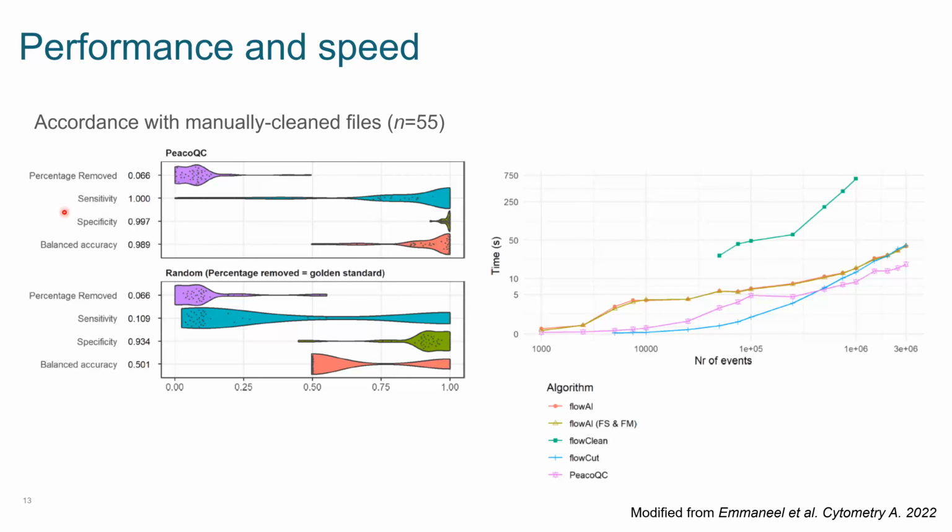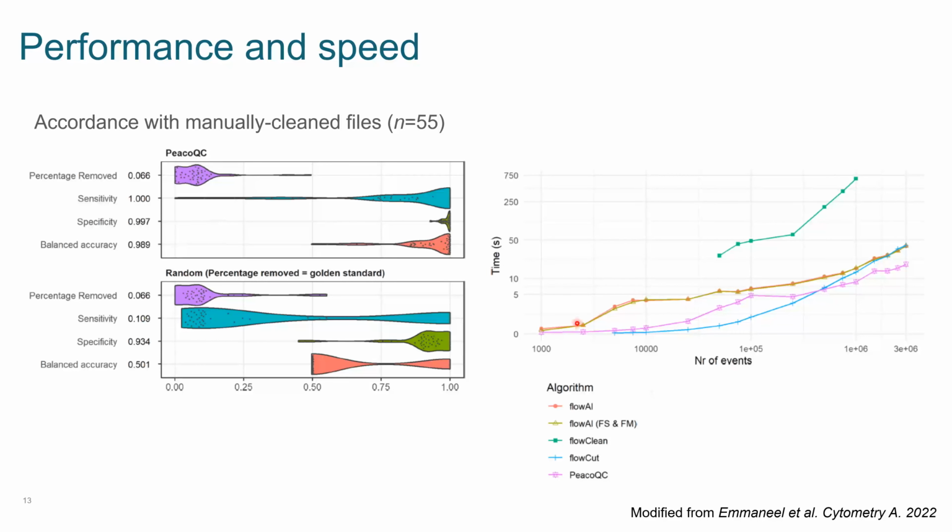So being able to not over remove events, so there's not an over removal of things that the scientists deemed were okay. And the balanced accuracy is basically kind of a score of these two metrics. Okay? So you can see that it performs nicely in the sense that it removes only what needs to be removed based on the human eye. It picks up anomalous events well, and doesn't have too many off-target effects.